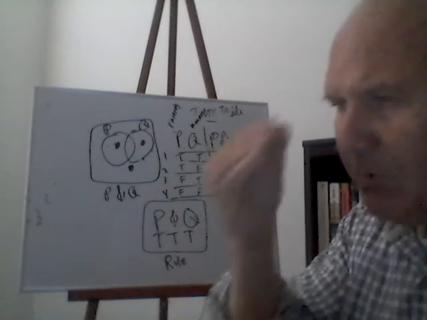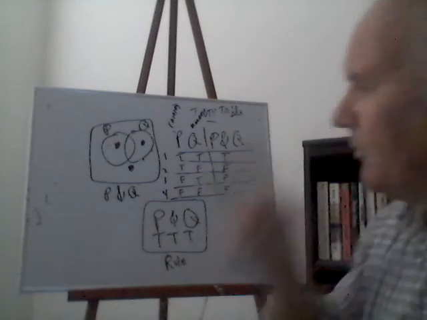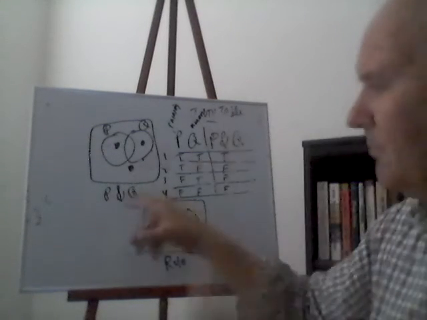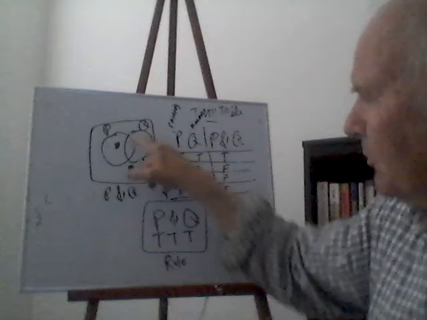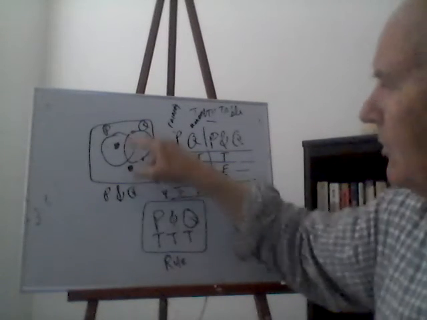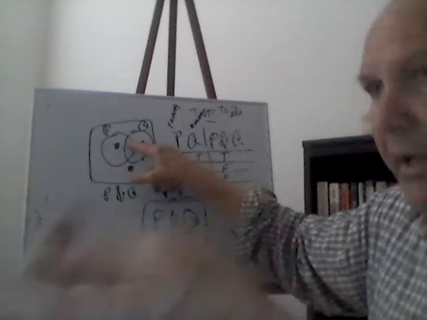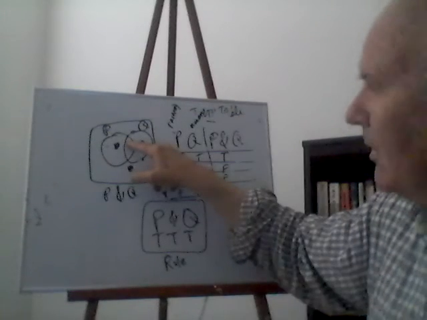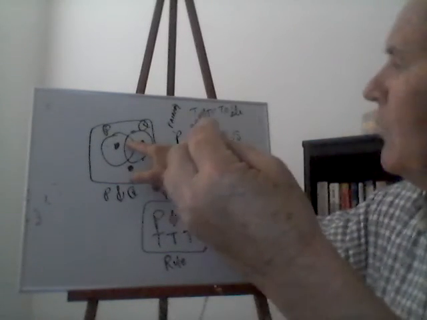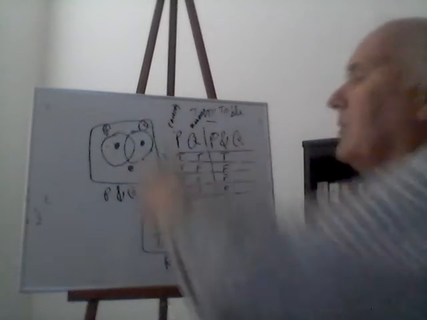So the first thing you do is put your finger on the statement and say it out loud, P and Q, and then you put your finger on a section. If it's undarkened, then you say P and Q is true because it's undarkened, and then you say when. Don't forget that when, and then you say what that section means. When P is true, because we're inside P, and when Q is true, we're inside Q.